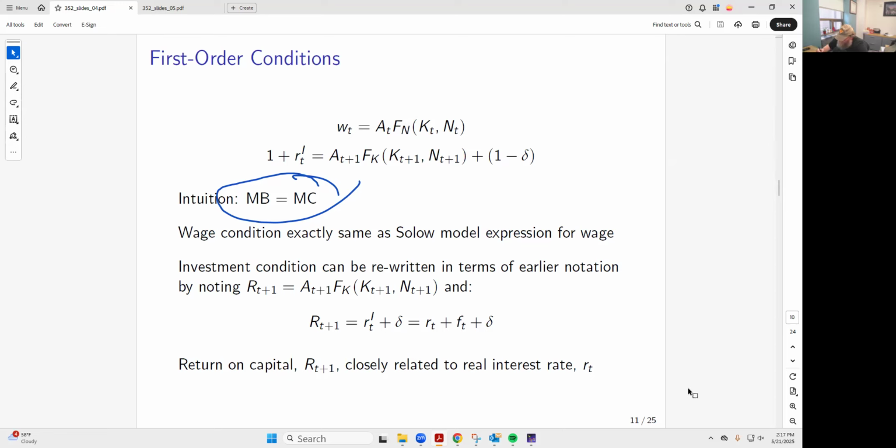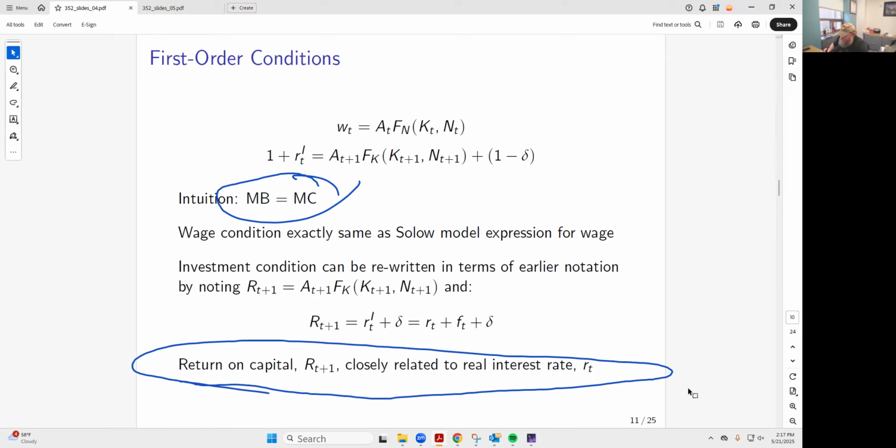And so here, this is an important point down here that we're going to come back to a lot during the semester, and that is that the rental rate of capital is very much related to the real interest rate. In fact, in some economic models, the rental rate is simply assumed to be the real interest rate.